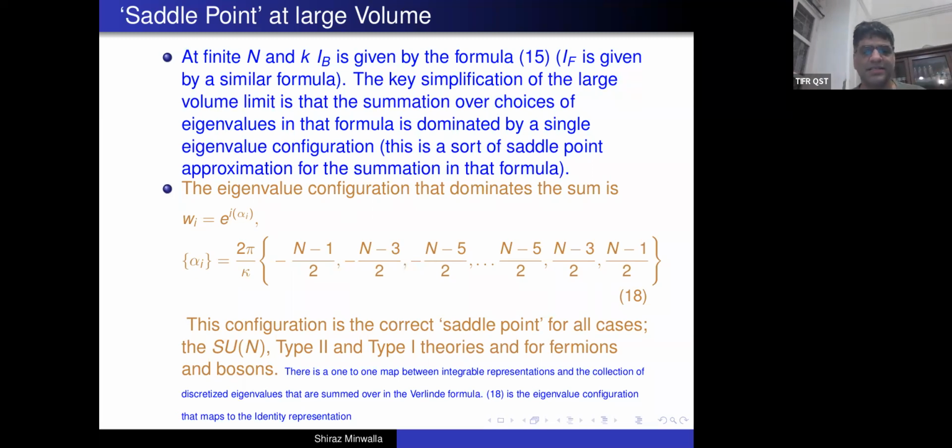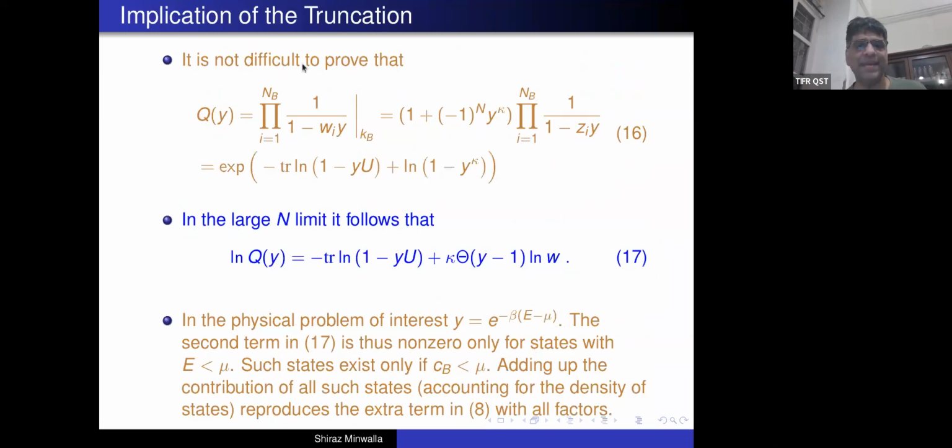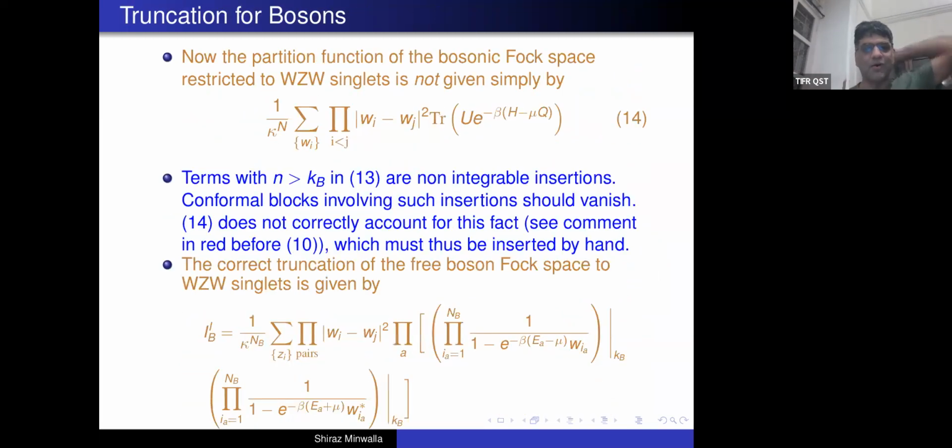I'm going to explain to you how this happens. See, suppose we are working at finite n and k. This quantity IB here, this quantity here plus the Bosonic exclusion principle, is a sum over various eigenvalue configurations.